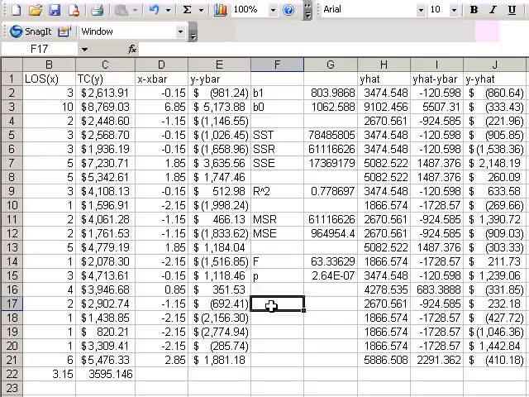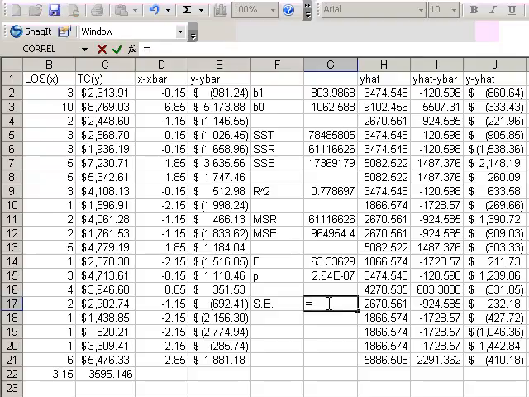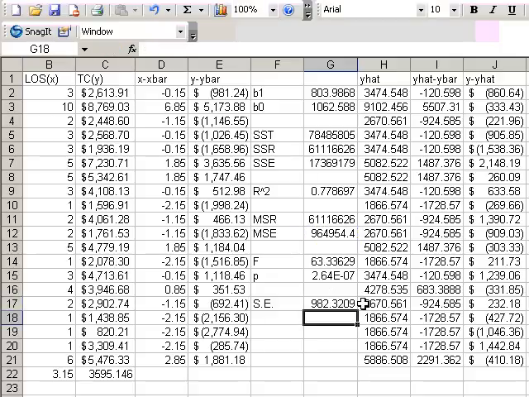The first thing we need is the standard error of the regression. And the standard error of the regression is equal to the square root of the mean square error, or $982. That is the standard error of the regression line itself.